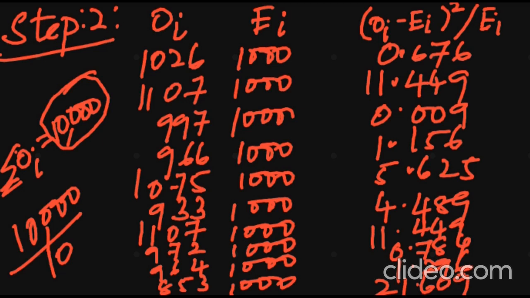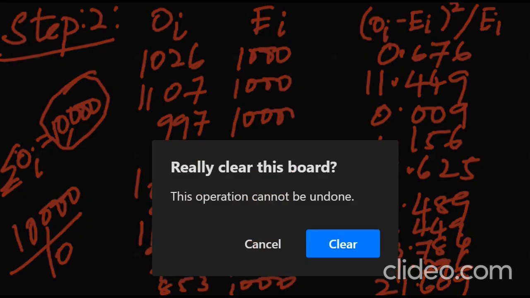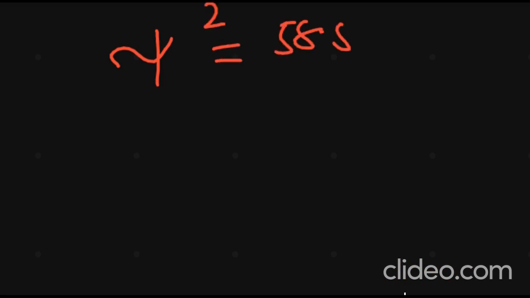If you add all those values, you will get 58.542, which gives you the chi-square value. So chi-square is equal to 58.542.